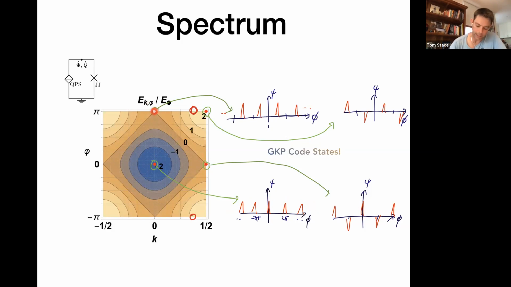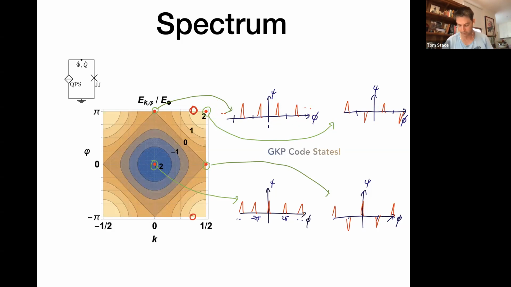The state at the top saddle point is one in which I've got a phase offset of pi, but otherwise I have comb lines every 2 pi multiples of the integers. And then the last point, the maximally energetic state, is one in which I've also got comb lines at 2 pi multiples of the integers, but offset also by pi.